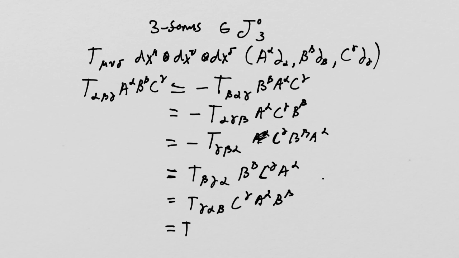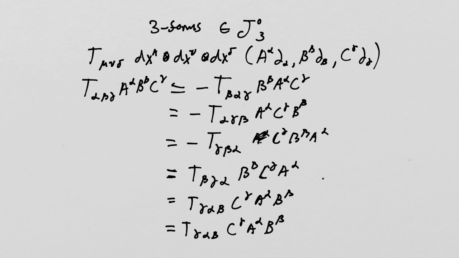I've already got gamma alpha beta, which will be C gamma A alpha B beta. So now when I have three or more, I have the possibility of really recovering the same sign as well.